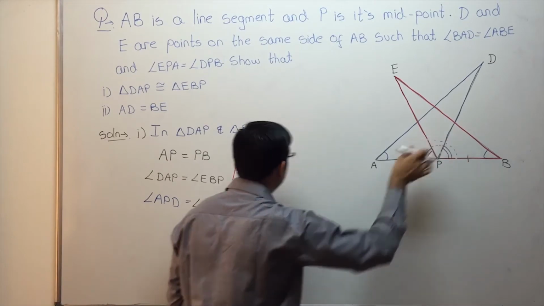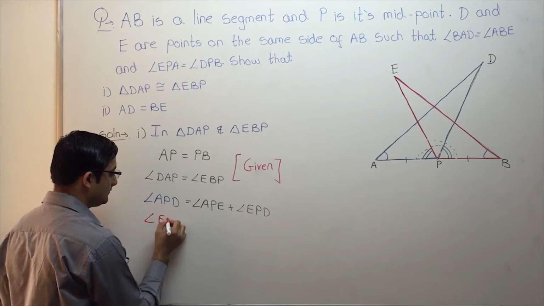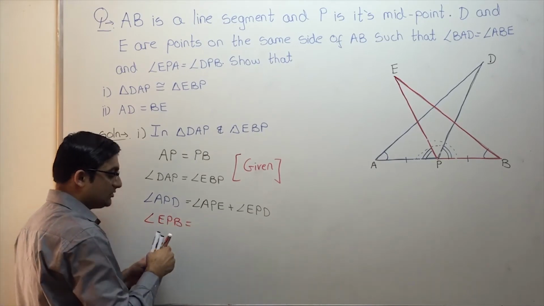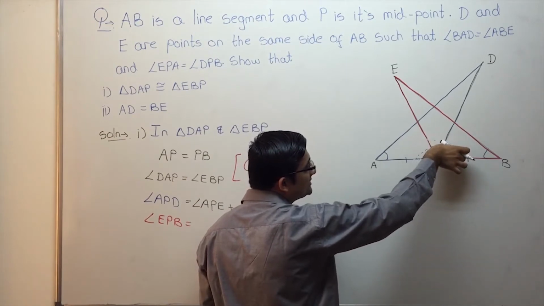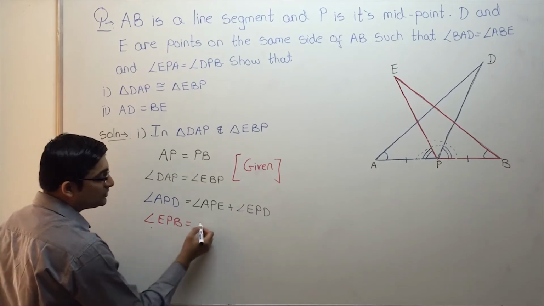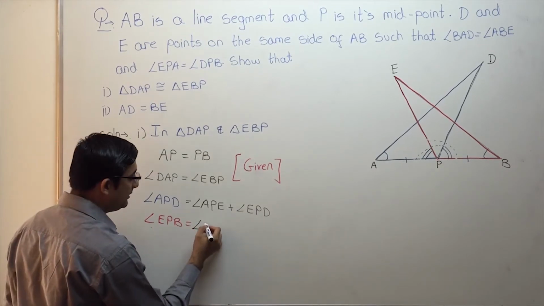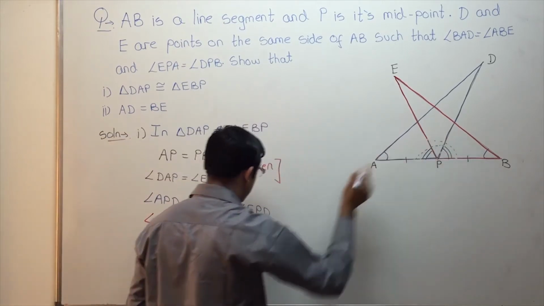Angle EPB. So this entire angle is this angle plus this angle. What is this angle? Angle DPB or angle BPD, whatever you want to call it. So it is angle DPB plus, what is this angle? Angle EPD.